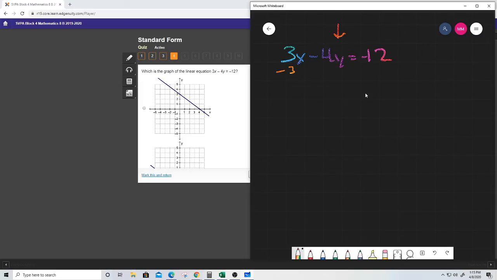So let's subtract 3x. This will be negative 4y equals negative 3x minus 12. Divide everything by negative 4, and we get y equals positive 3/4 x plus 3.